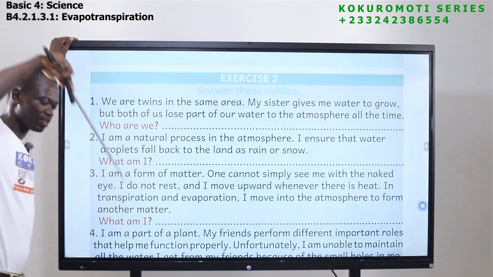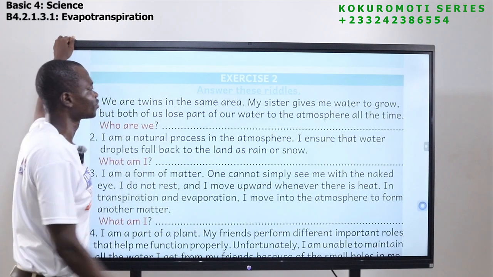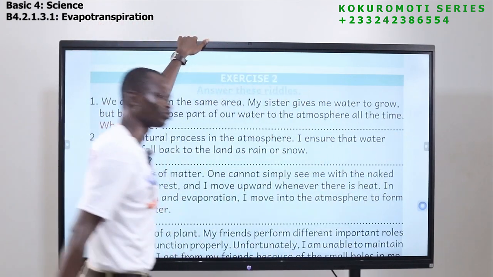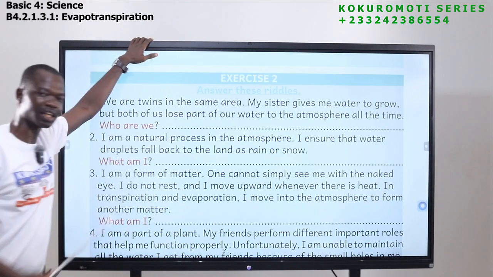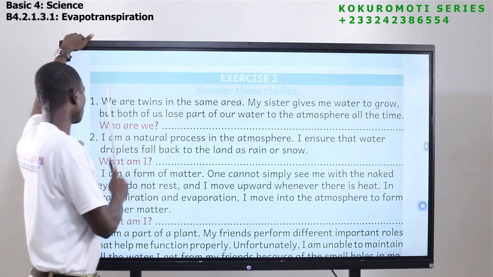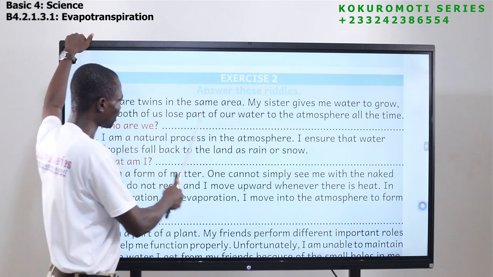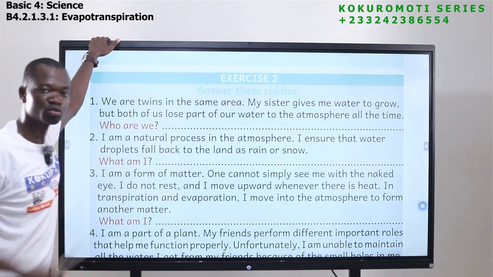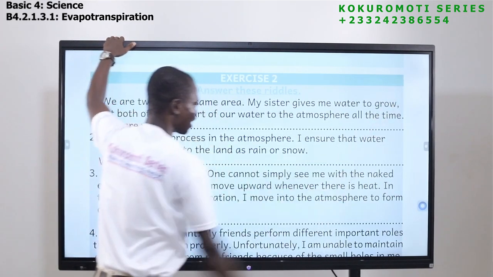In the same area. My sister gives me water to grow. One twin gives the other water to grow. But both of us lose part of our water to the atmosphere all the time.